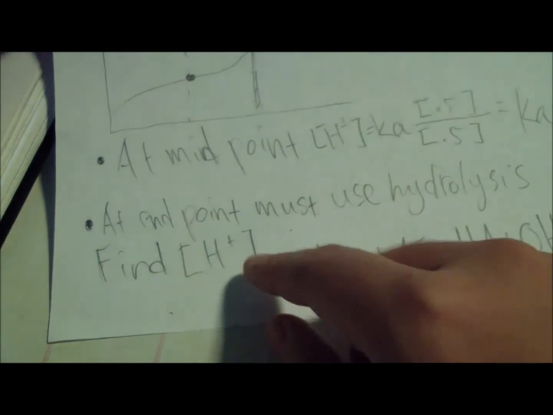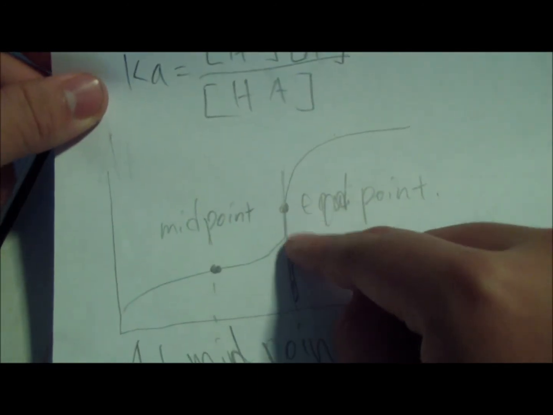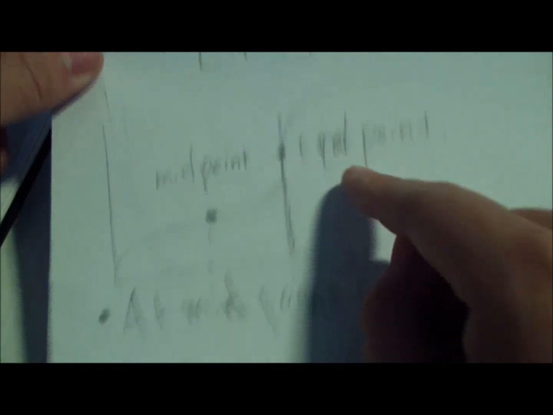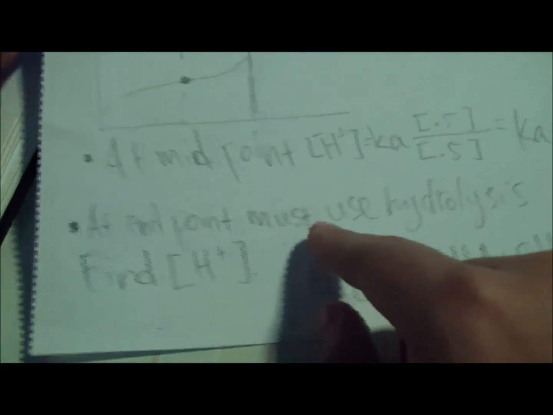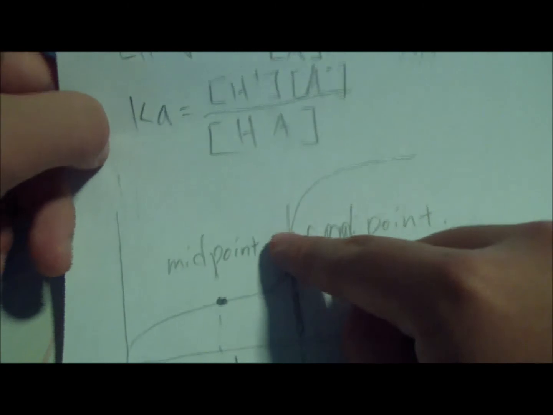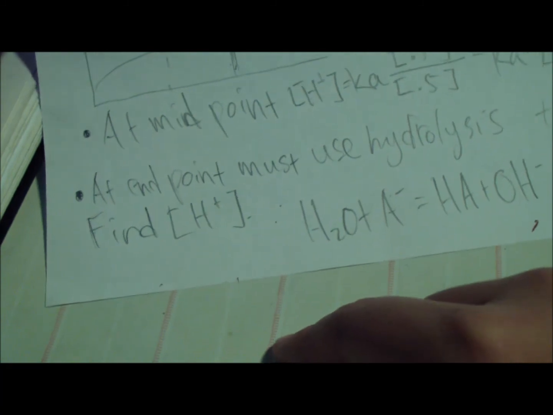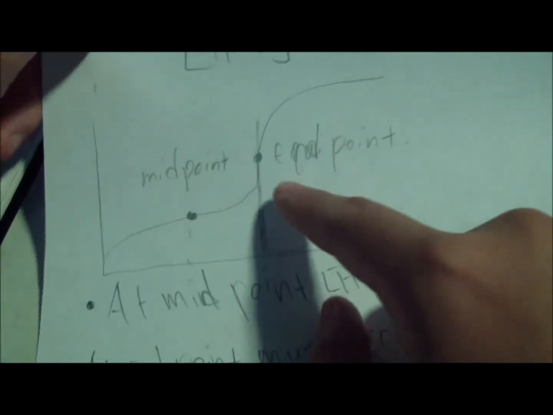And remember, at the endpoint right here, or equivalence point, as I call it, we must use hydrolysis to find H plus, because at this point the pH value just increased dramatically, and there's no more HA.